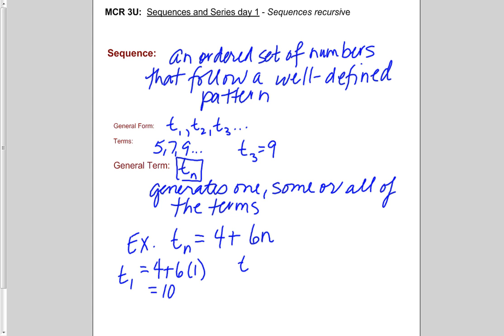The second term would be 4 plus 6 times the number 2, which is 16. Third term would be 4 plus 6 times 3, 22.